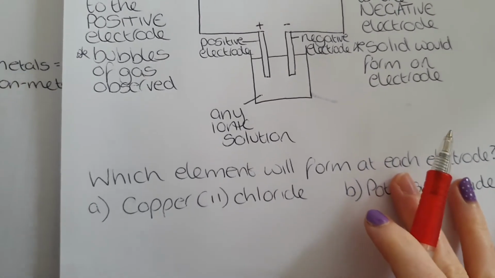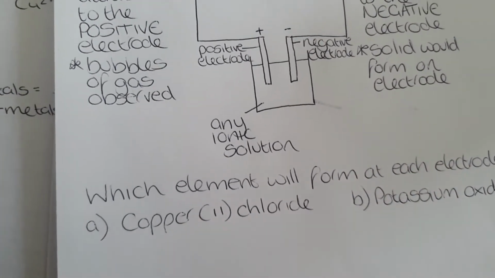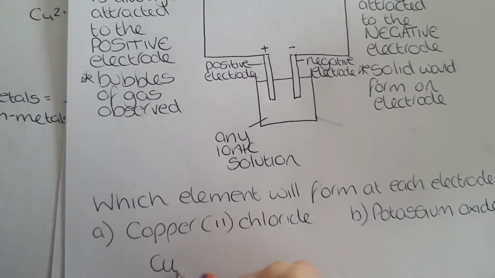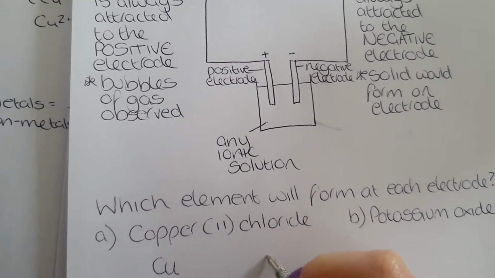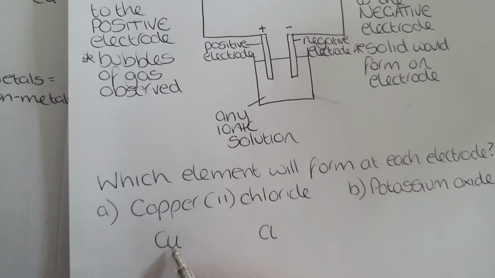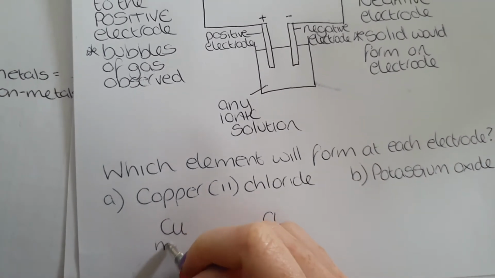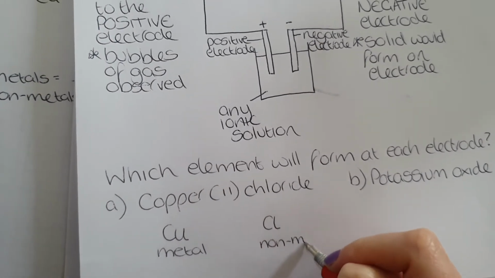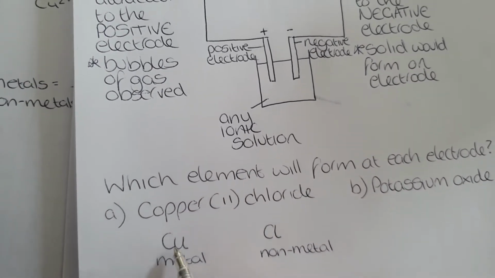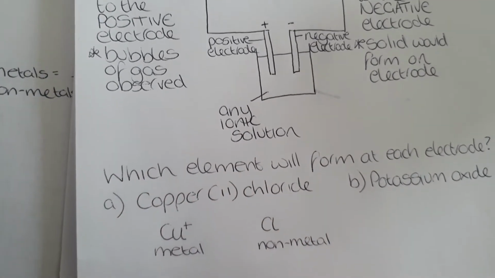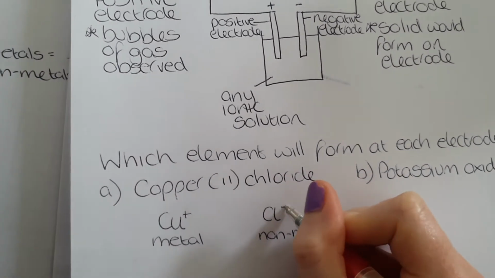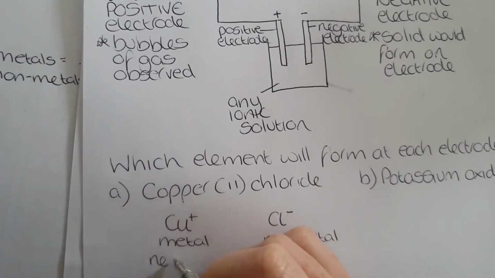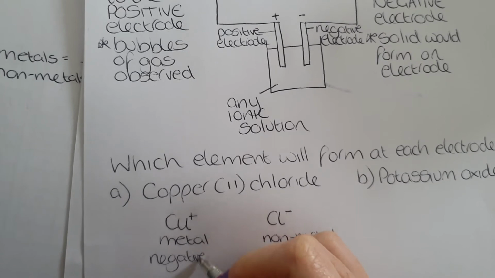If we take copper 2 chloride first, it can sometimes help to just write the symbols for quickness. Copper is Cu, chlorine is Cl. Copper is the metal, chlorine is the non-metal. Using our rules from previously, copper is a positive ion because it's a metal, chlorine is a negative ion, so the copper would form at the negative electrode as a solid.